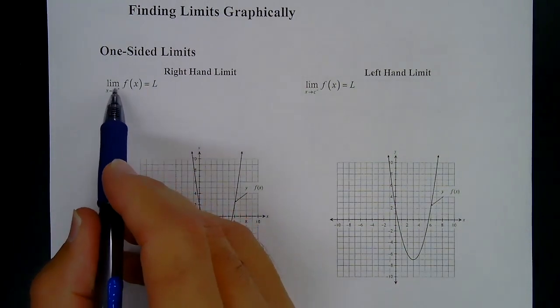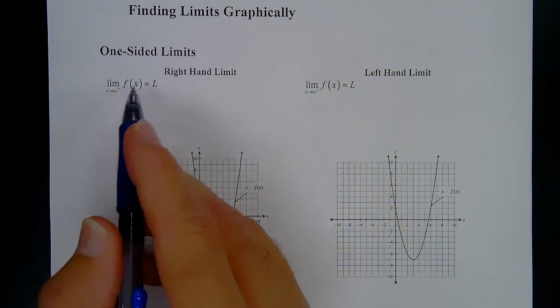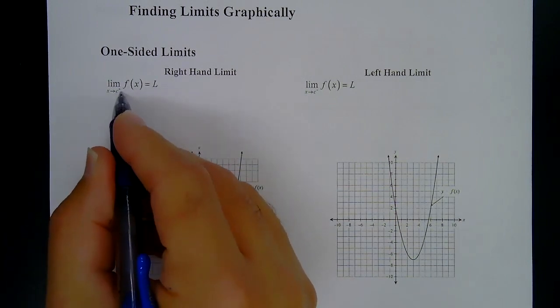So if you recall, if we see the limit as x approaches c and this positive, okay, this means from the right, okay?